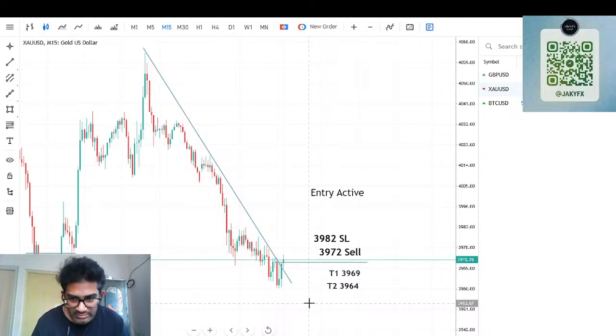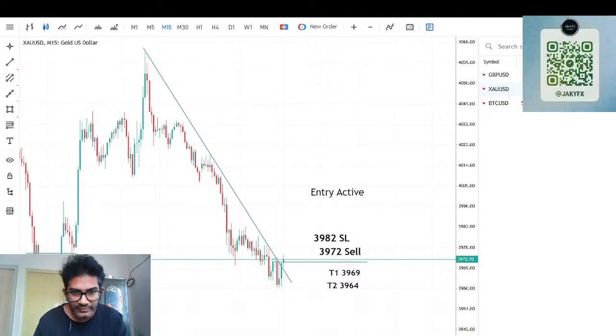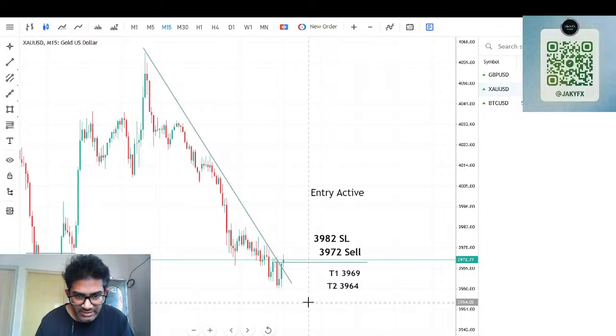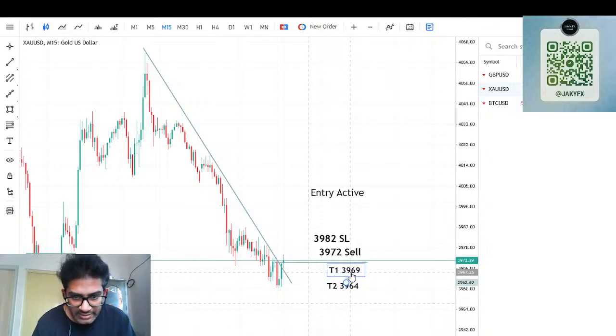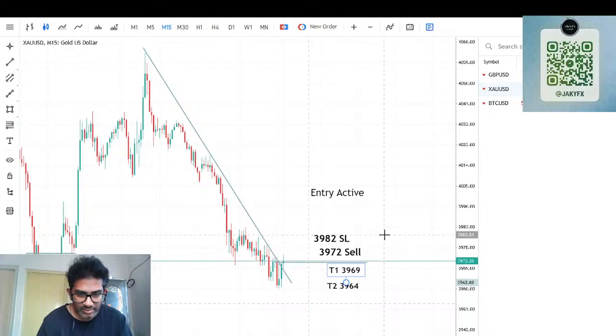3972 sell. अभी भी those who have not entered can enter right now also. Entry is active 3972 and let's wait for at least the first target price 3969 पहला target है. Let's wait and see what happens.